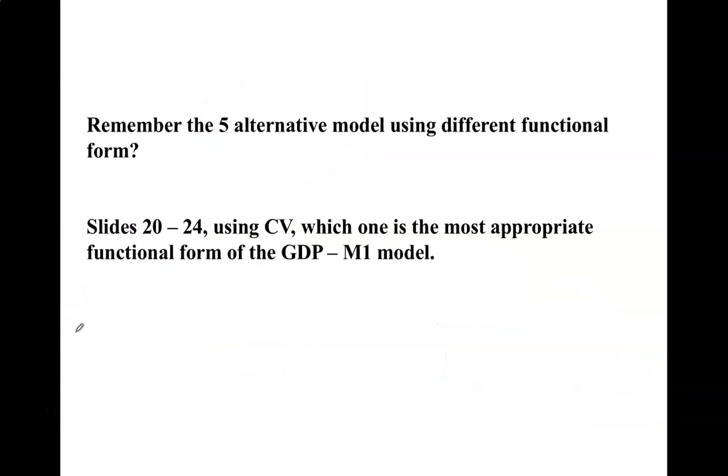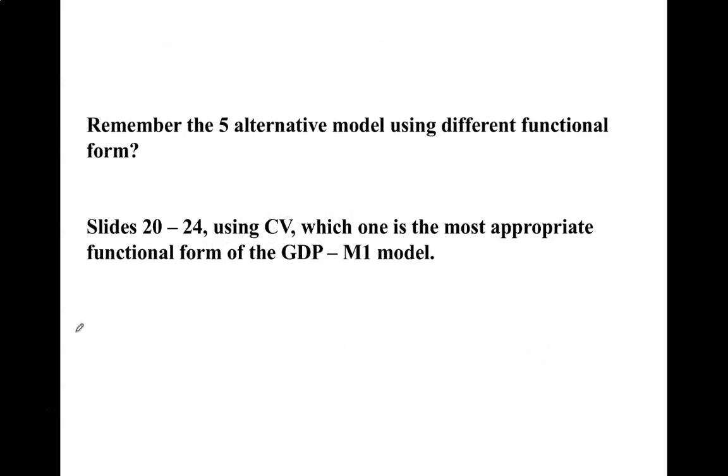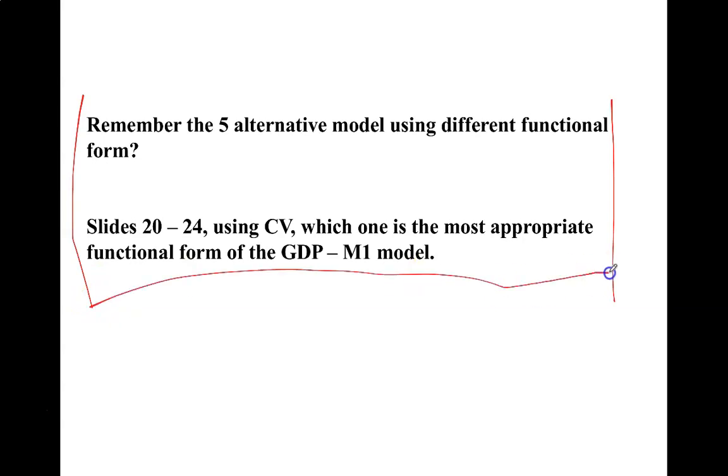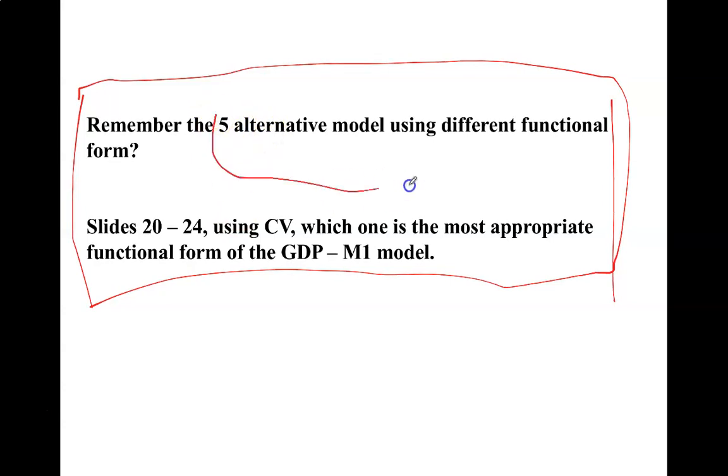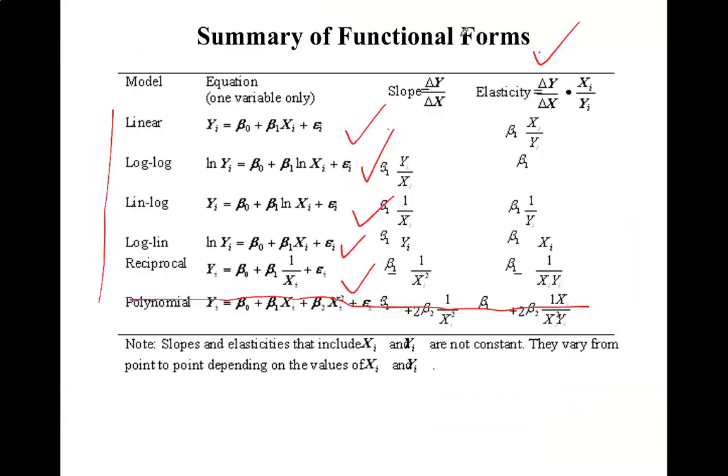So again, remember the result that I just showed you from the previous slides. Which one would be the most suitable? We're not going to do this in the video here, but when we enter this particular chapter in the online class, we will do it. You calculate it, and then you need to inform me which one will be the best model among all these 5 different models.